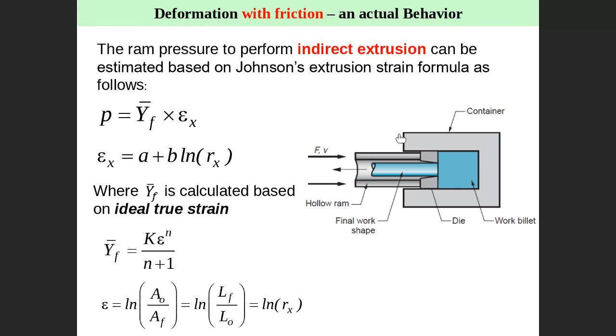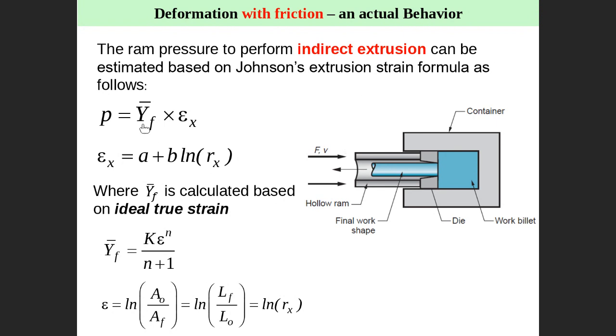This one applies to indirect extrusion. Listen to me carefully. In the case of indirect extrusion, this equation is fine. Pressure equal to Y bar flow multiplied by epsilon x. This is the pressure needed to flow the material. So which pressure?